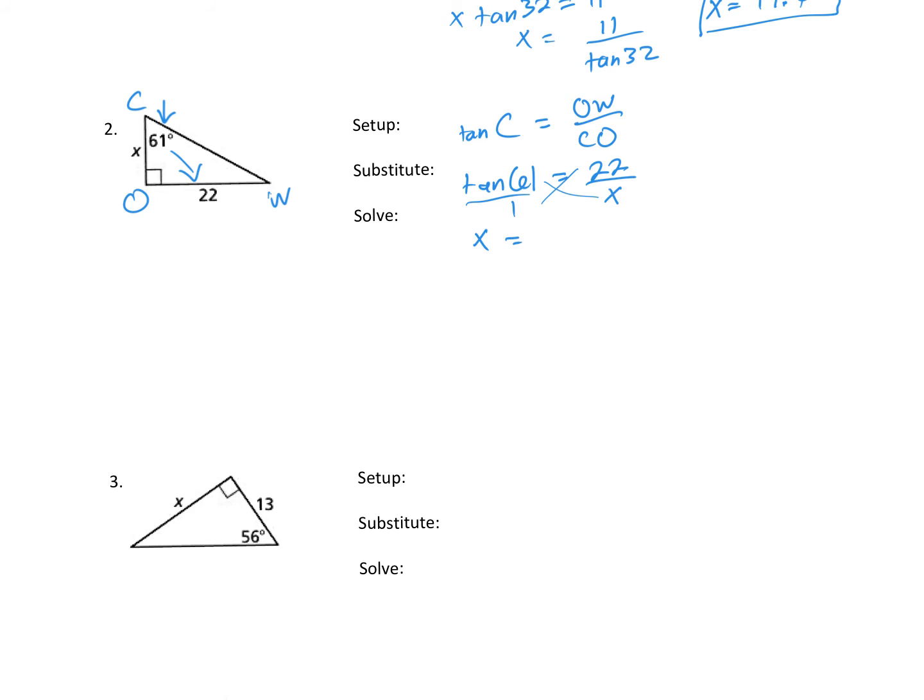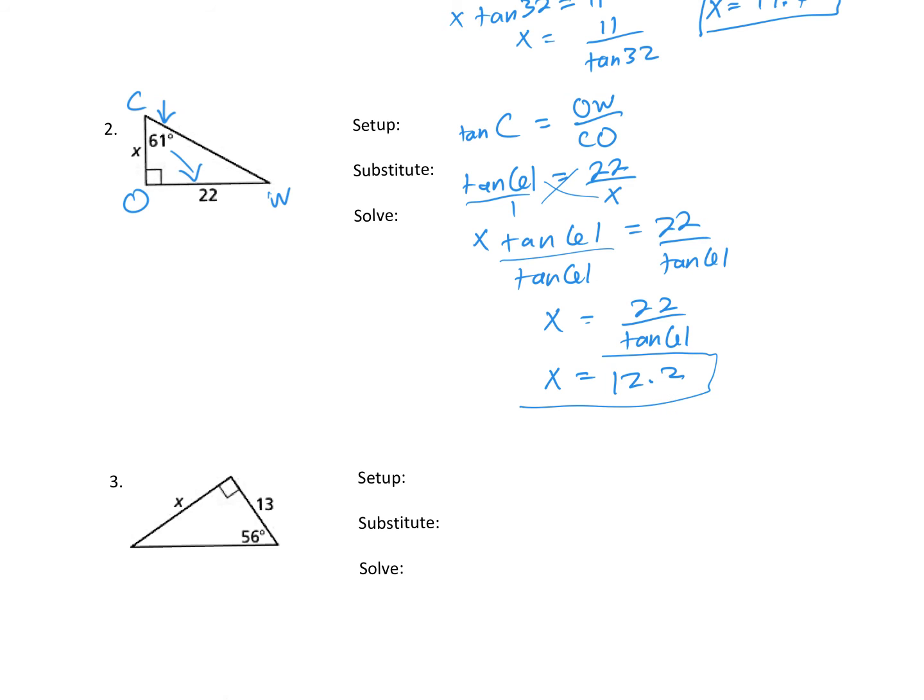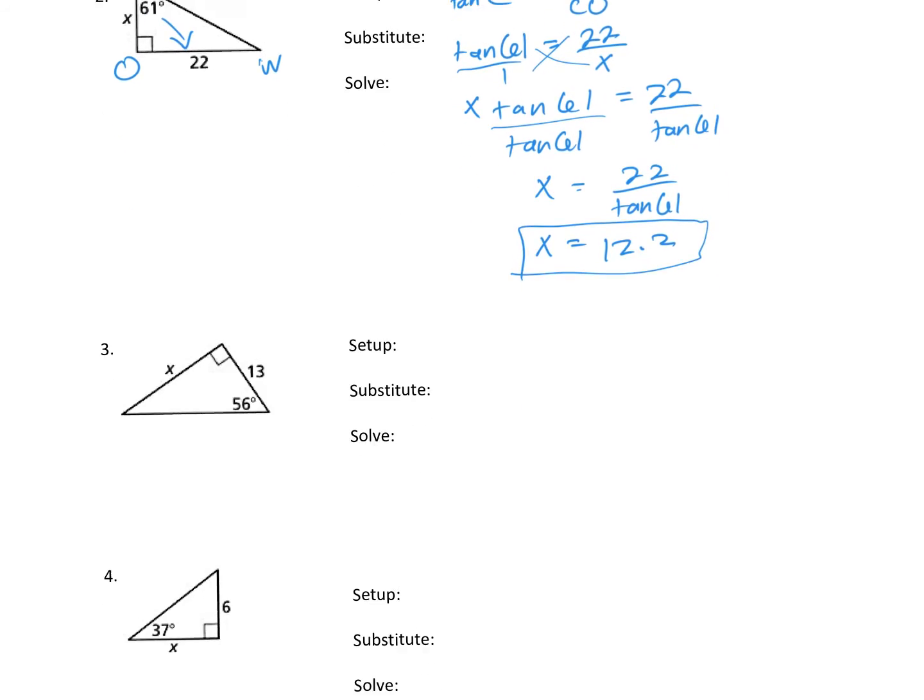So x times tangent of 61 must equal 22. Then x, divide both sides by tangent of 61. X equals 22 divided by tangent of 61. We have to use our calculator. Punch that in. X should equal 12.2 according to our calculator.